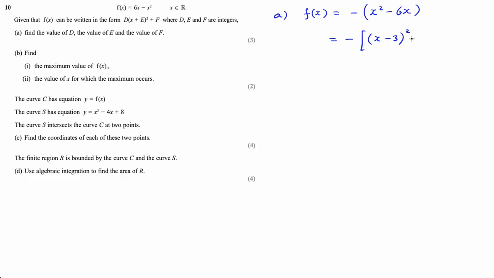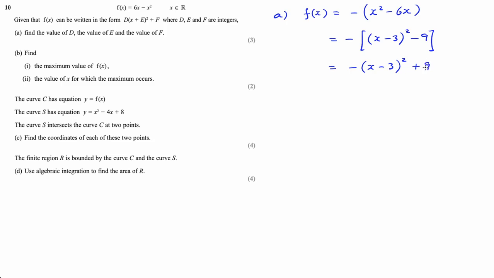I then have to subtract 9. I won't go into why right now in detail, but this is how you complete the square. And, well, that's it. There's no number here. So then this equals minus x minus 3 squared, and then minus is plus, so it's plus 9.